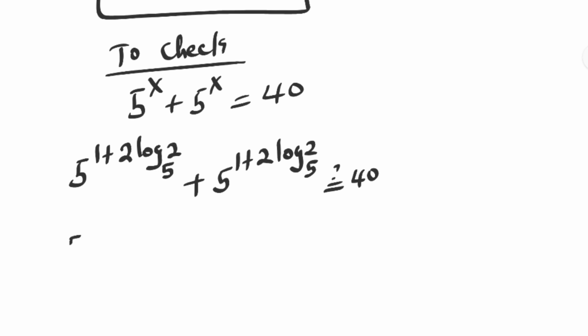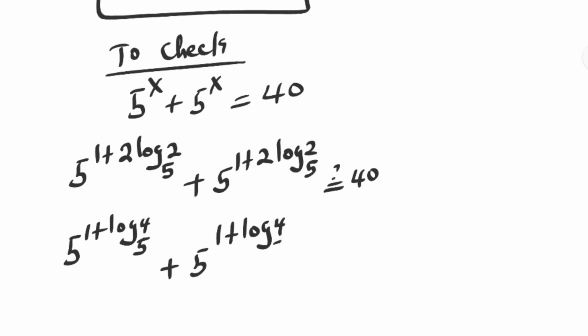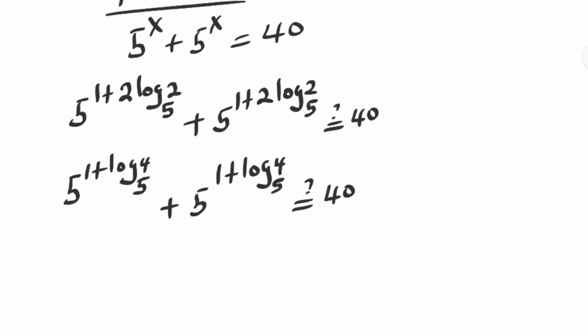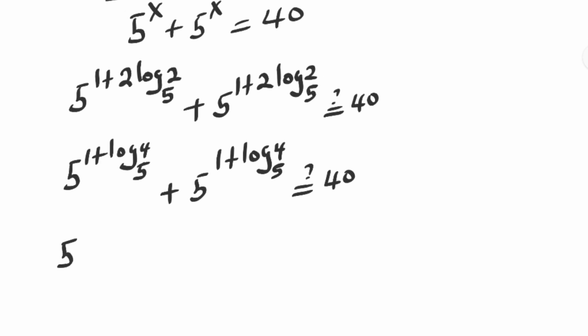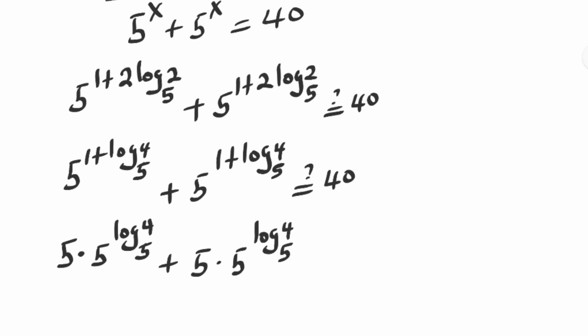This is the same thing as 5 raised to power 1 plus log 4 base 5, plus 5 raised to power 1 plus log 4 base 5, must be equal to 40. 5 raised to power 1, this is 5 multiplied by 5 raised to power log 4 base 5, plus 5 multiplied by 5 raised to power log 4 base 5, must be equal to 40.